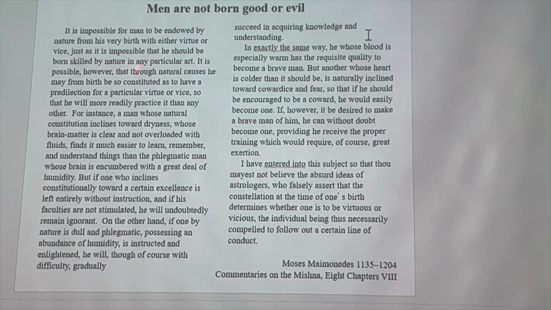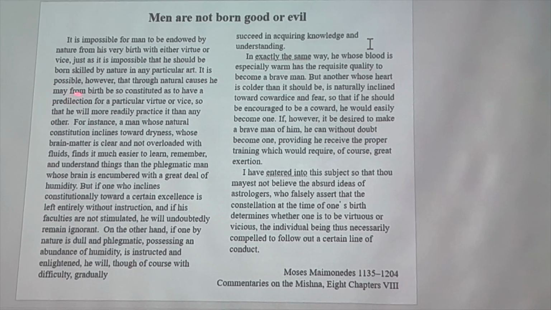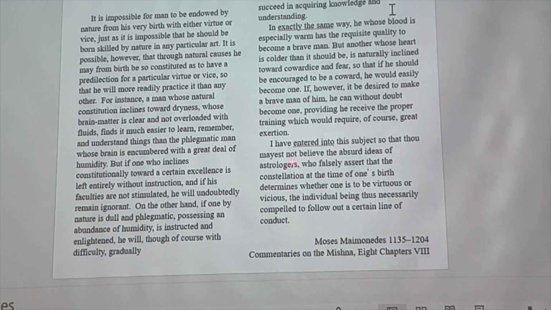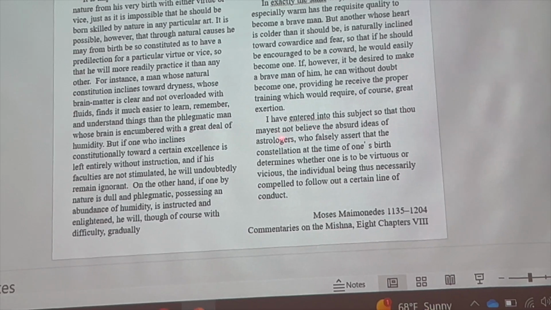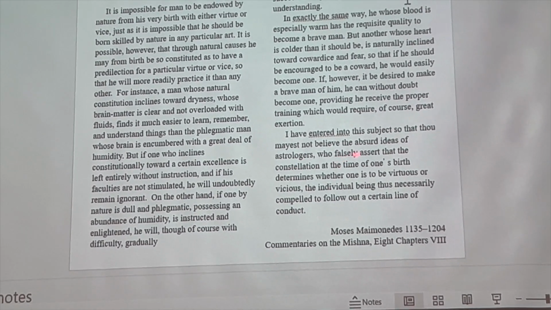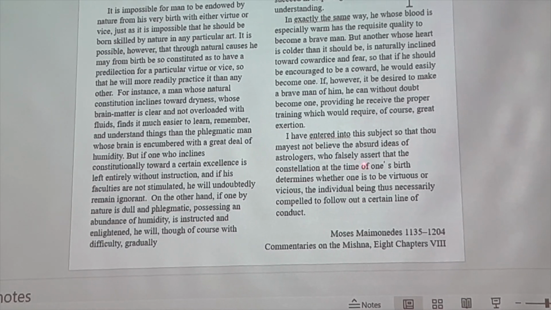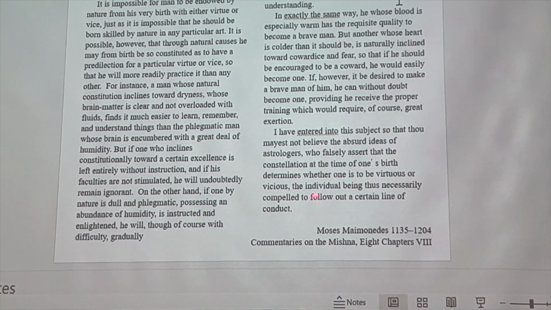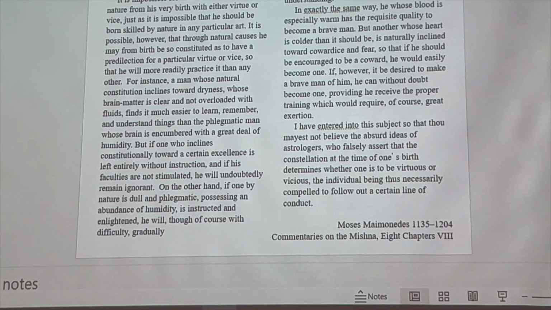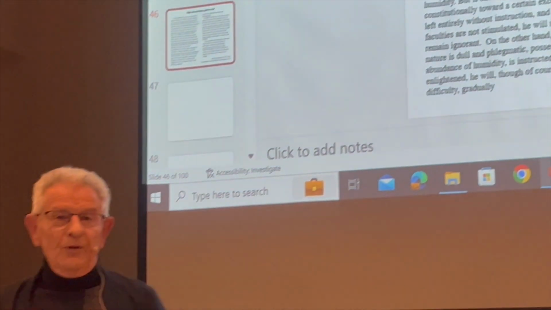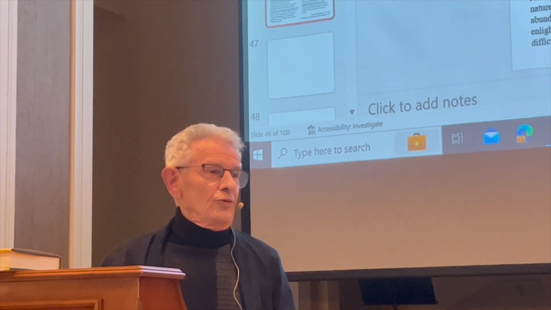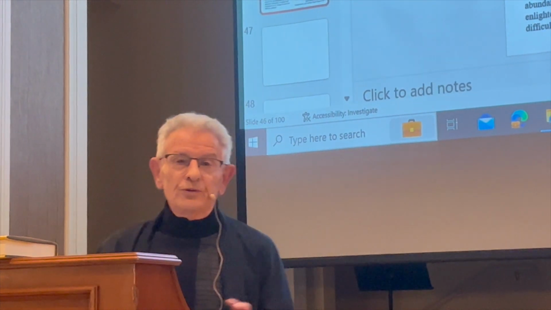It is possible, however, that through natural causes he may be from... I have entered into this subject, so thou mayest not believe the absurd ideas of astrologers who falsely assert that the constellation at the time of one's birth determines whether one is to be virtuous or vicious. I think that's a perfect summary of the way in which geneticists think about phenotypes and behavior today. And it's only 1,000 years old.